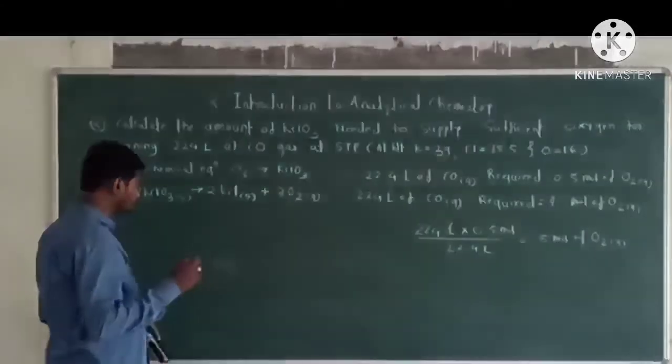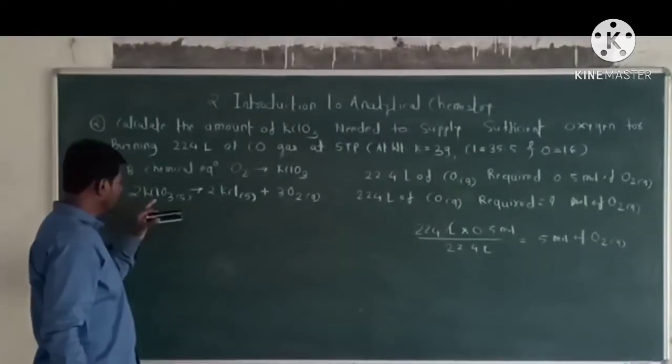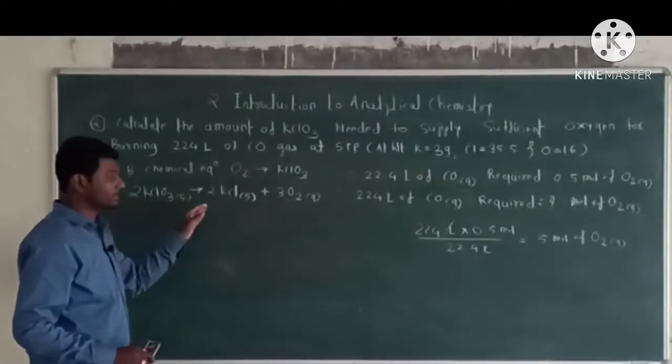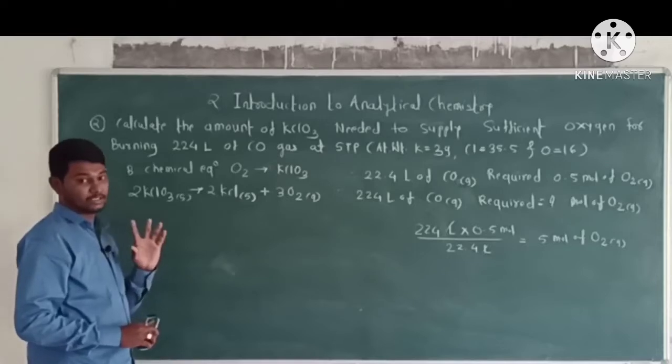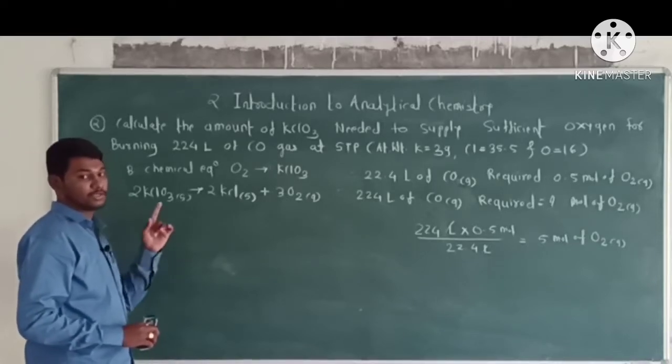Okay, now write down the masses and moles, number of moles of reactant and product below their formulae. This is step number 2 of the problem based on stoichiometric calculation.